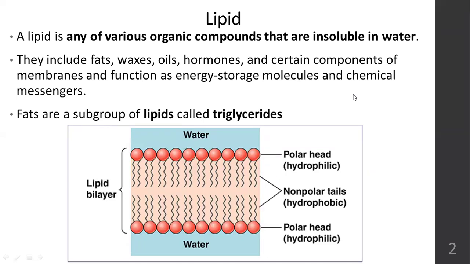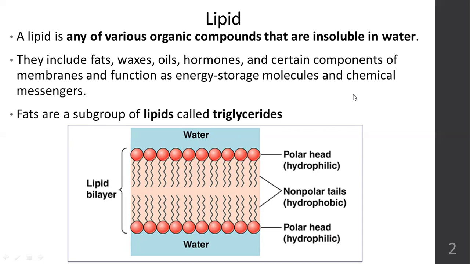So lipids, what are lipids? Basically oils, fat, oil, waxes. When you break them down, we have lipids. Lipid is the basic structure. It's also an organic compound, which means it has carbon, and they are insoluble in water. You cannot dissolve oil in water.